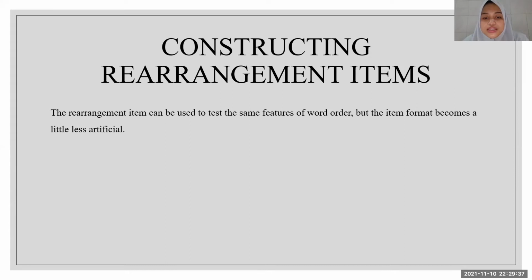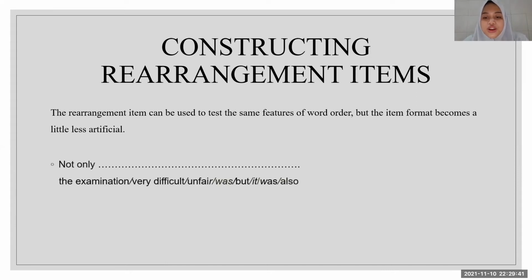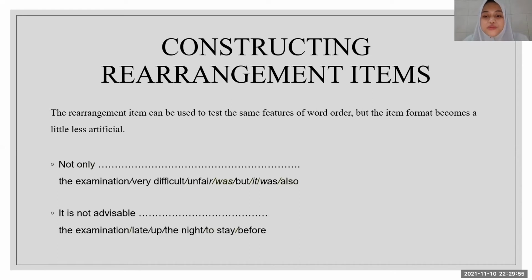The rearrangement item can be used to test the same features of word order, but the item format becomes a little less artificial. In many cases, it will be useful to change from a multiple choice item format to a format involving some actual writing.